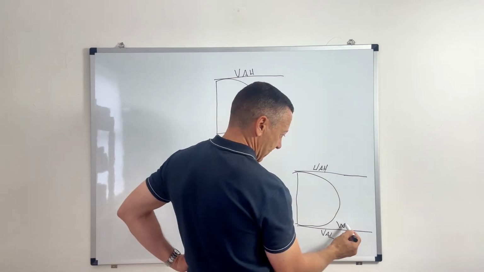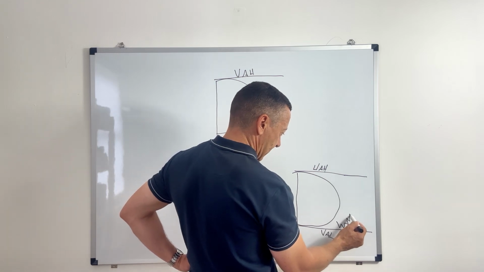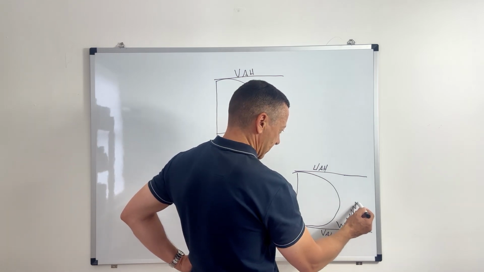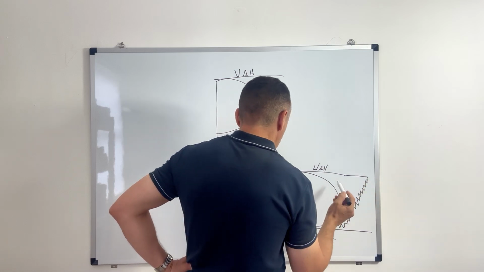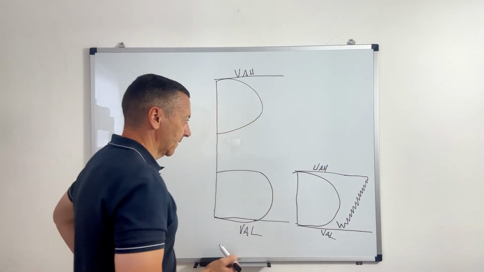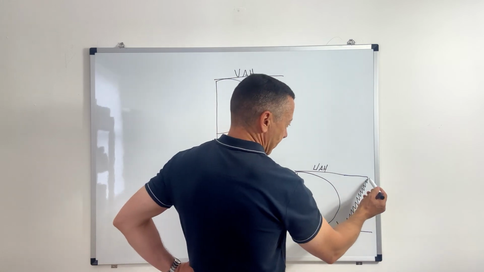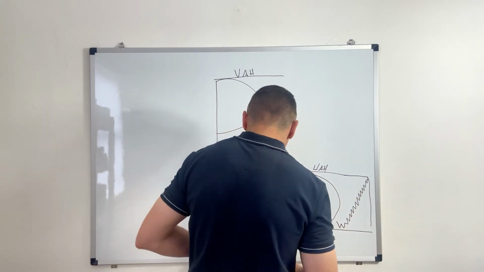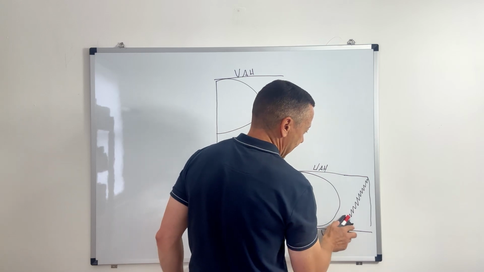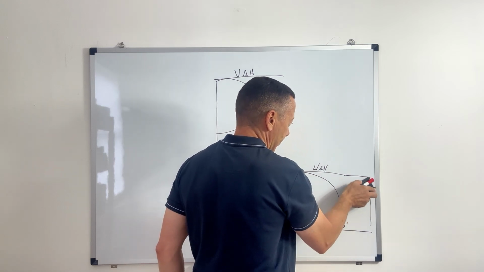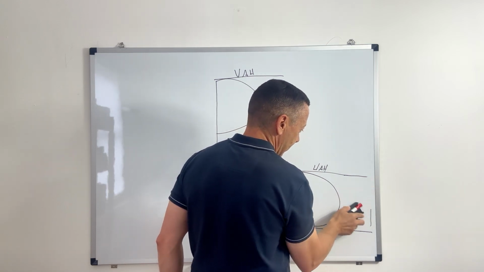Price opens up at the bottom of this value area and it grinds up to the value area high. Okay. Expectation is a price to reject and test the other side of value. Okay.